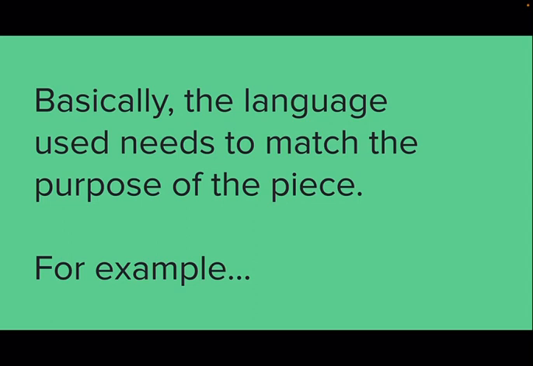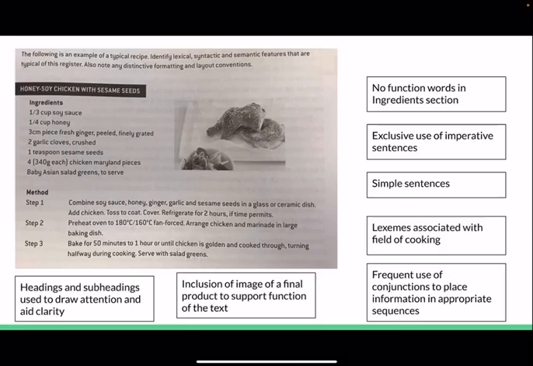For example, this is an example of a recipe text, and we can see that in the boxes around the side there, we've got all of the different features that make this register appropriate to the text type. So for example, we've got no function words in the ingredients section. So if we look at 1/3 of a cup of soy sauce, we've omitted "of" there because that fits with the text type.